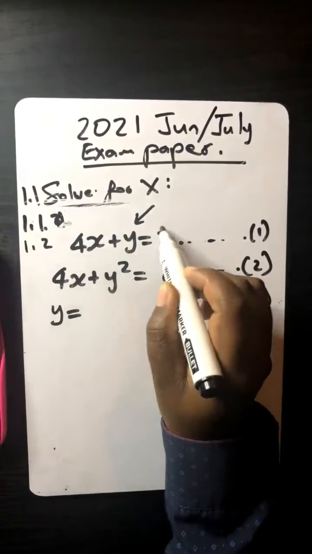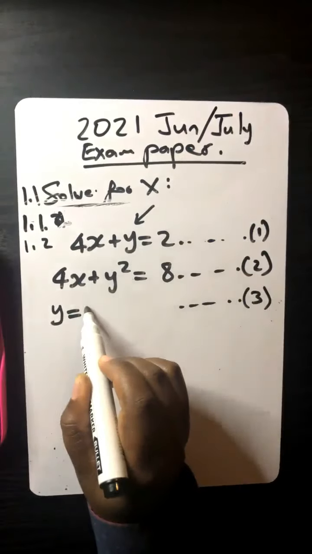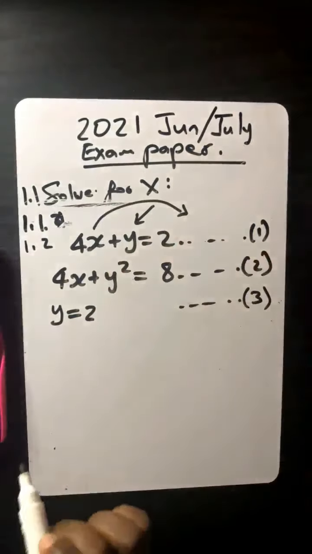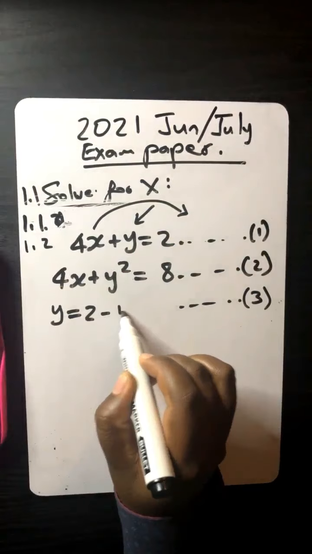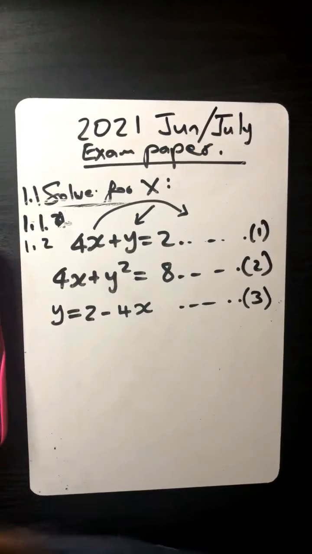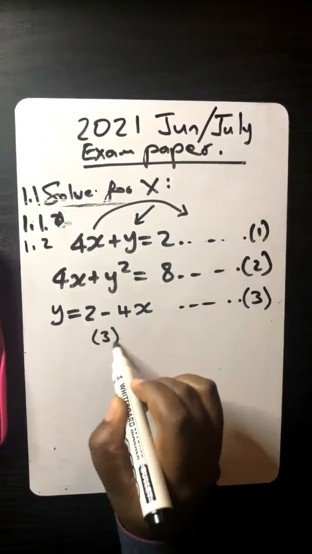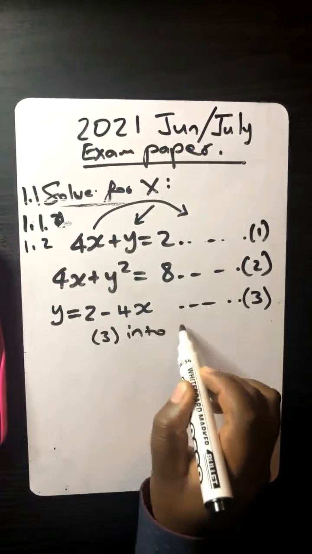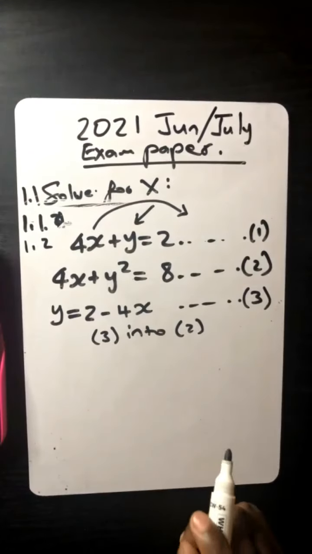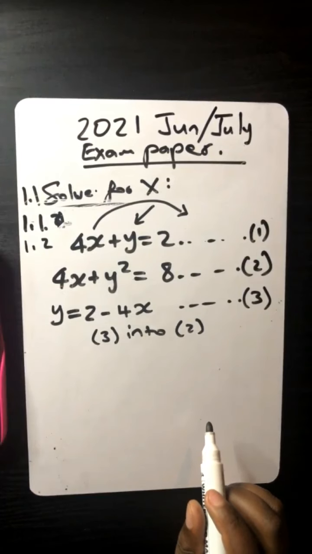Remember, guys, firstly start writing whatever was there. So you start with 2, then after you can write what you transpose. We change the sign and it's negative 4x. So now you have equation number 3. This is where you substitute equation number 3 into equation number 2. Then you just follow the mathematical procedure to solve for the x values and the y values.